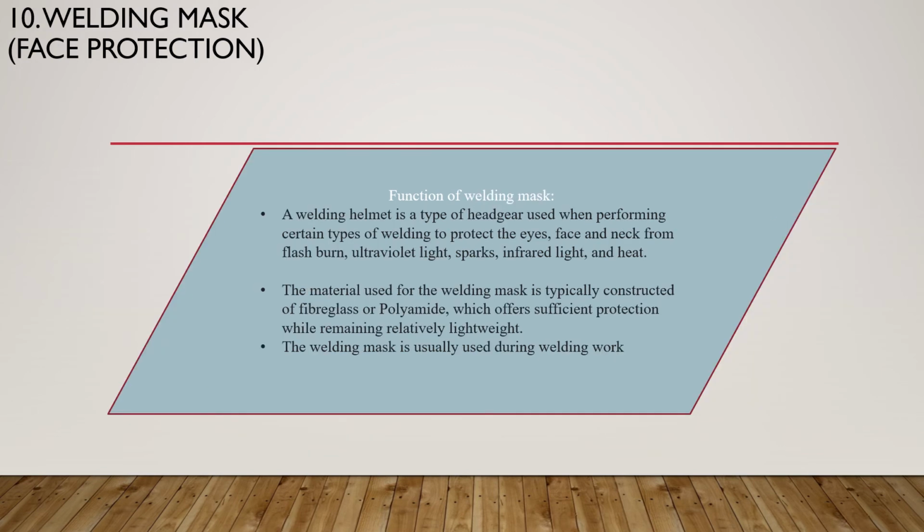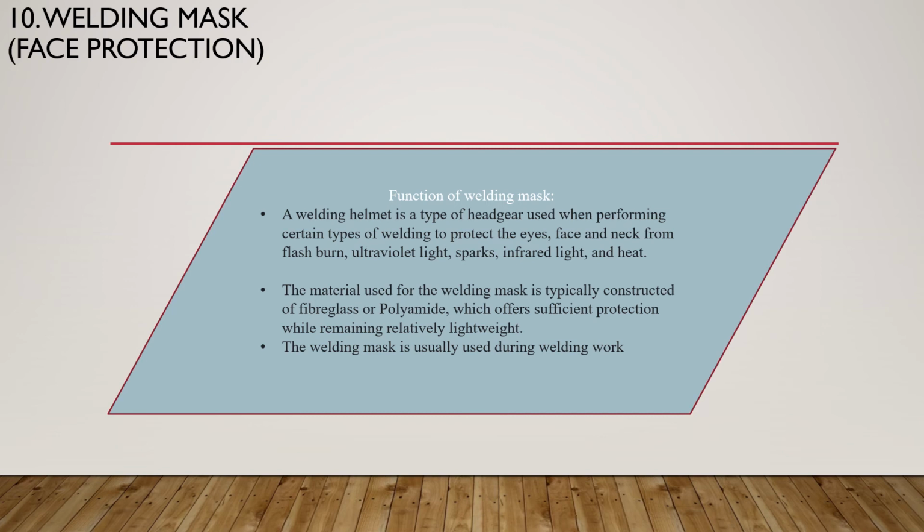Okay, and the final PPE is a welding mask. So a welding mask or welding helmet is a type of headgear that is used when performing certain types of welding to protect the eyes, face, and neck from flash burn, ultraviolet light, sparks, infrared light, and heat.